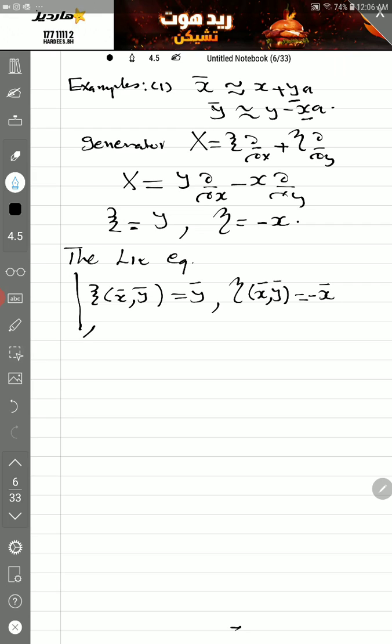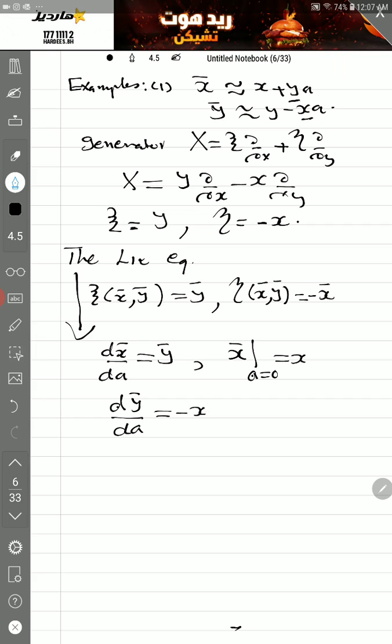So the Lie equations we can write here: dx bar over dA equals y bar, evaluated at x bar with a equal to 0 equal to x, and the second equation, dy bar by dA equals minus x bar, evaluated at y bar with a equal to 0 equal to y.